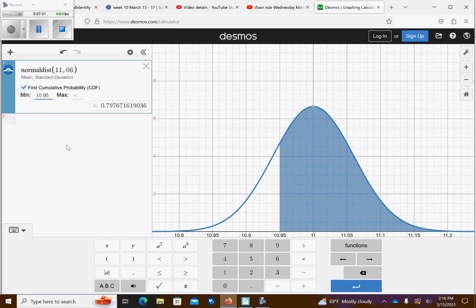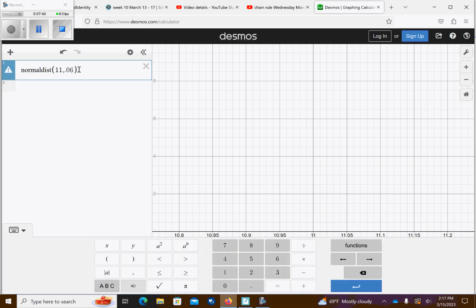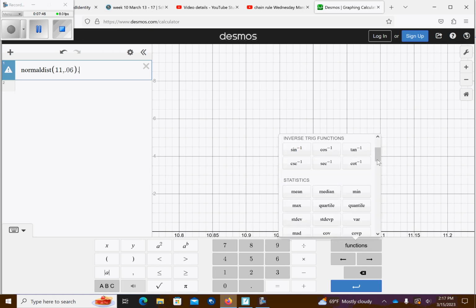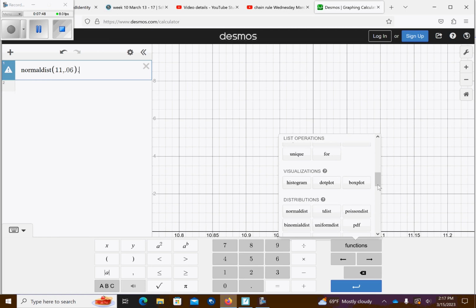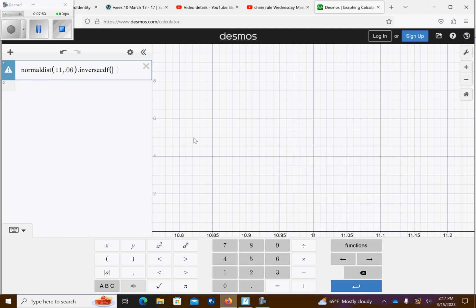Okay, so 0.05 means I'm looking for 95% of the area. I'm going to click this off, and then I need to find, under functions, inverse CDF. If we set it at 0.05, I'm going in the other direction.